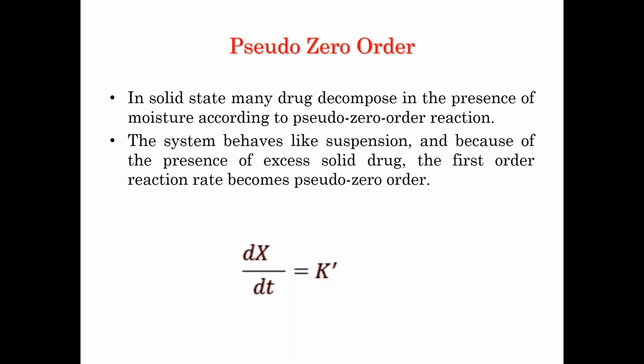What is suspension? Dispersed particles in a continuous phase, right? So the continuous phase is surrounding the dispersed particle. The continuous environment may be water, an aqueous environment, in the case of suspension. Here the moisture is surrounding the particle. That's why it depicts almost like a suspension, and that's why it's called a pseudo zero order reaction.